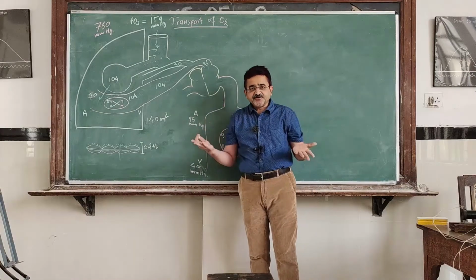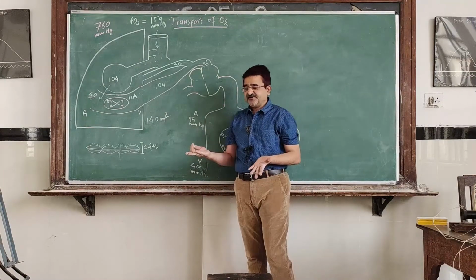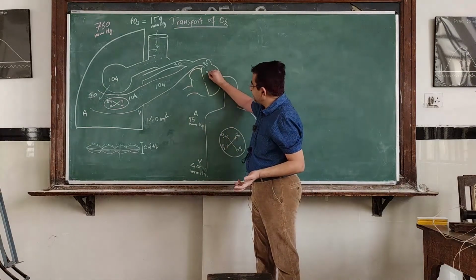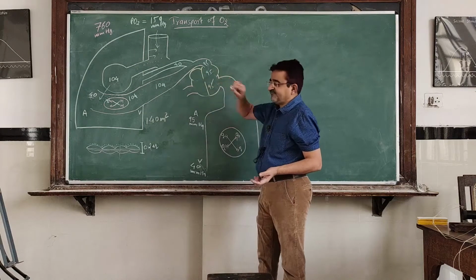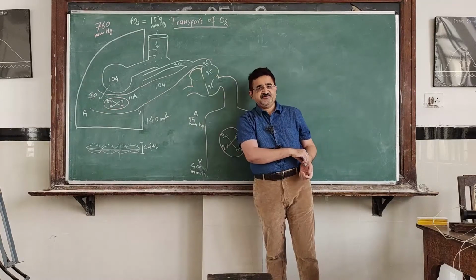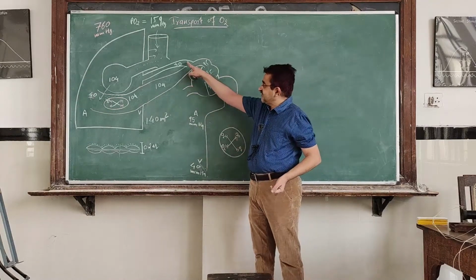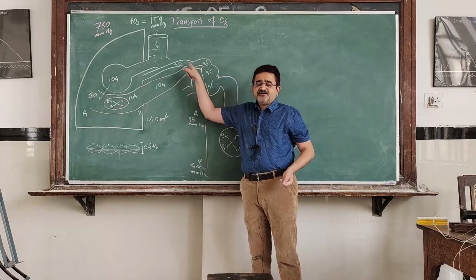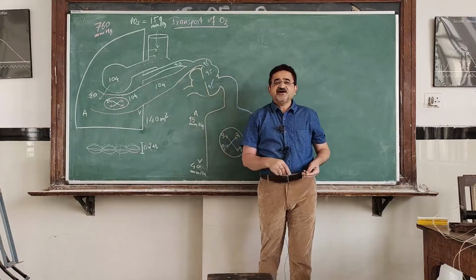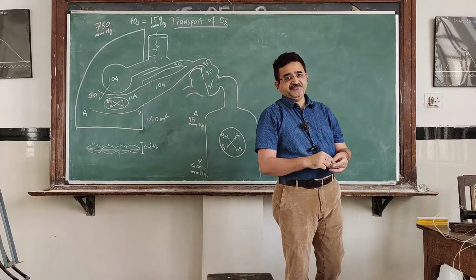When blood enters the left atrium, the partial pressure is 95, and in the left ventricle it is again 95 millimeter of mercury. This mixing of blood of the bronchial vein with the pulmonary vein is known as venous admixture of the blood.